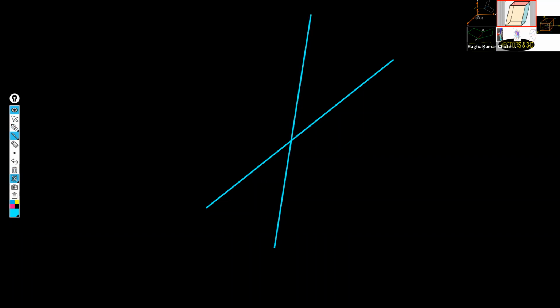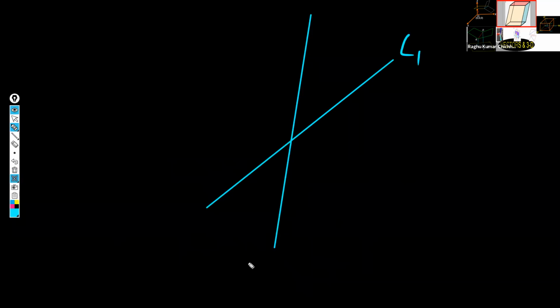Follow this carefully, please. We have two lines here. This is one line. This is another line. I'm talking about two-dimensional lines. This is L1, let me say.